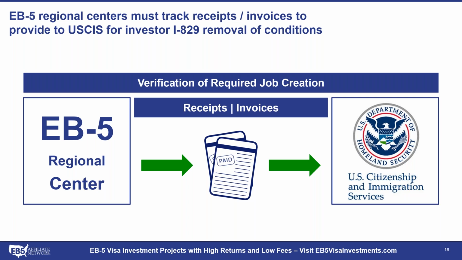And so that means we actually created a few more jobs than we were originally anticipating. And here's all the bank statements, and here's all the check draws and invoices with the construction company showing that the 27.5 million was actually spent, and here's how it was spent, here's what it was spent on, and here's the resulting job creation that we should get credit for.